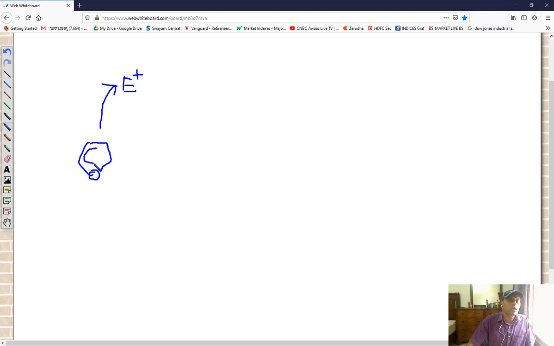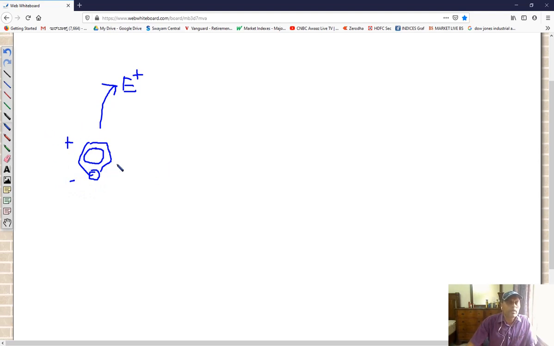It has the electron cloud, right? But it is not that leading towards electrophilic substitution reactions because of this electronegative oxygen. So we can say this end is more negative and this end is more positive.